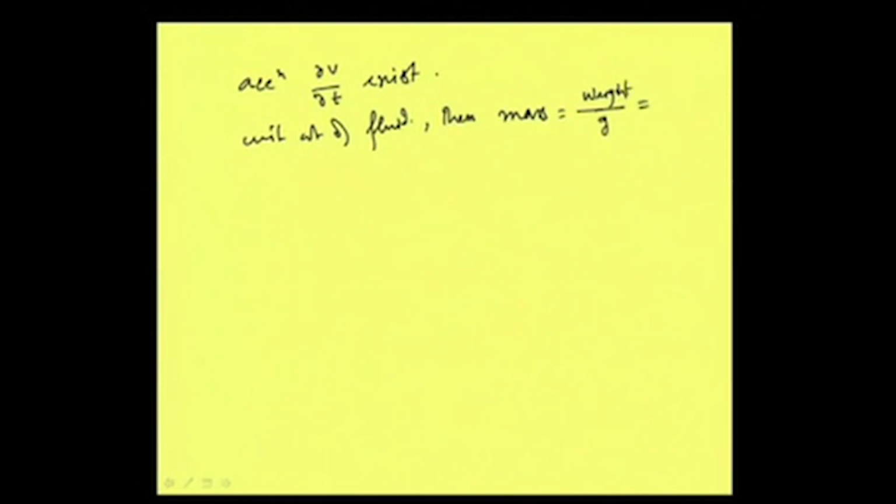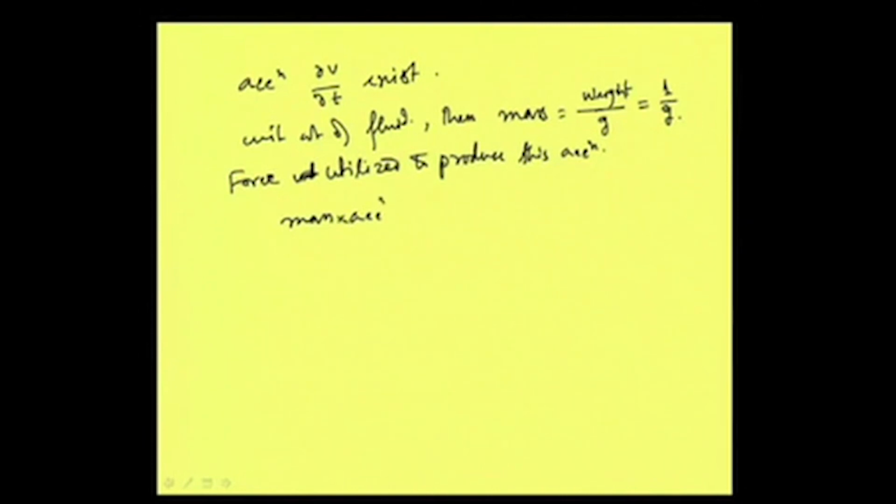As our weight is equal to 1, this is equal to 1 by g, and the force utilized to produce this acceleration is mass into acceleration, so we can write 1 by g into del v del t.